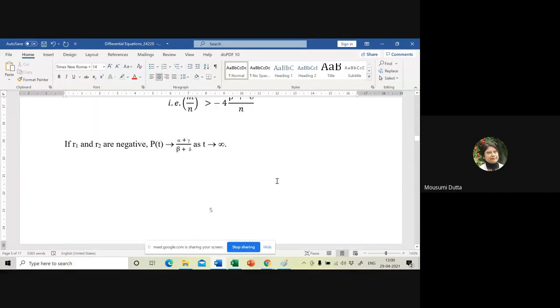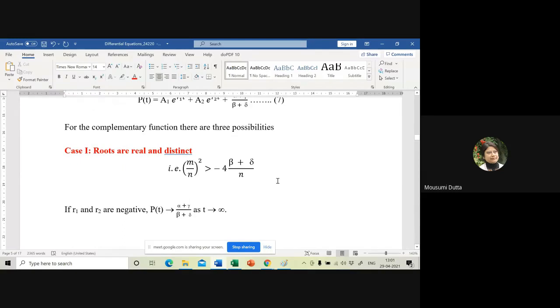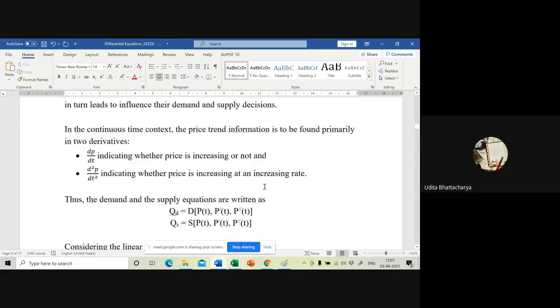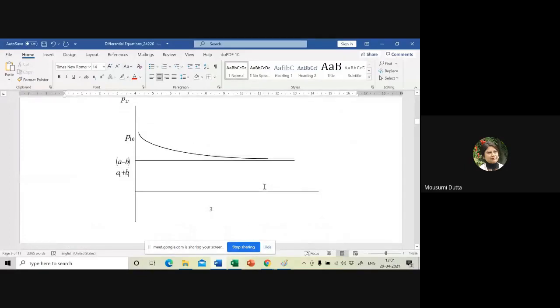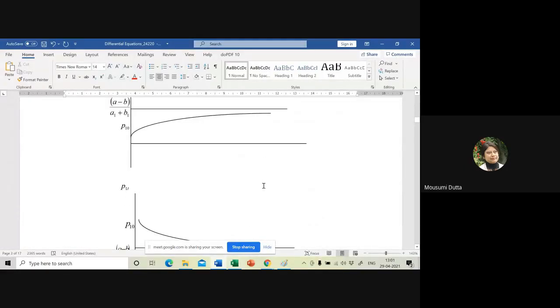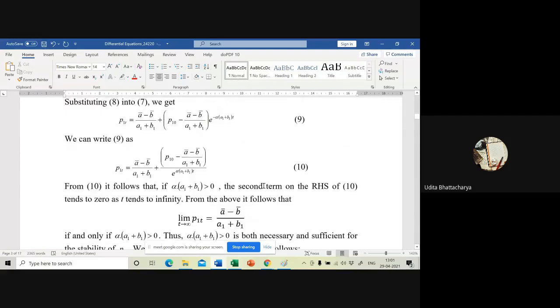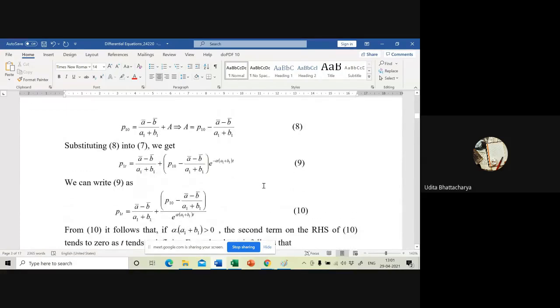Yes, this is page 5. Yes, ma'am. And can you show page 3 once again? Page 3, yes. This page. Yes, ma'am. Ma'am, after equation 10. This is there. Just move a bit down.